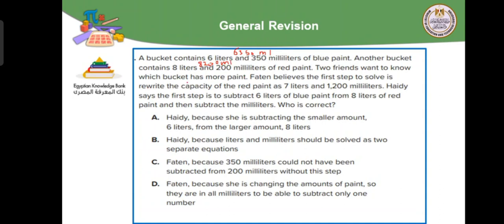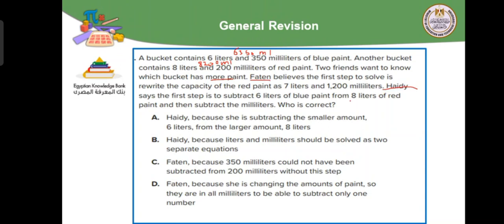Which one has more paint? It's clear. But he asked about Fatin, who believes the first step to solve this is to rewrite the capacity of red paint as 7 liters and 1,200 milliliters. And Heidi, okay, we compare the points of view between Fatin and Heidi.